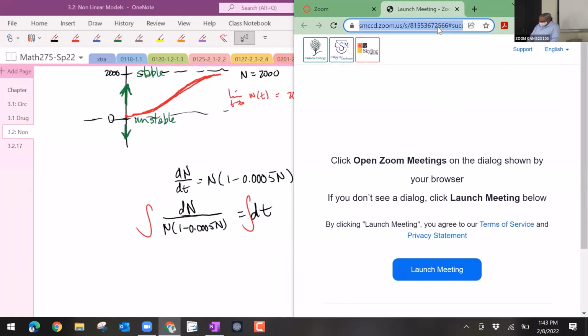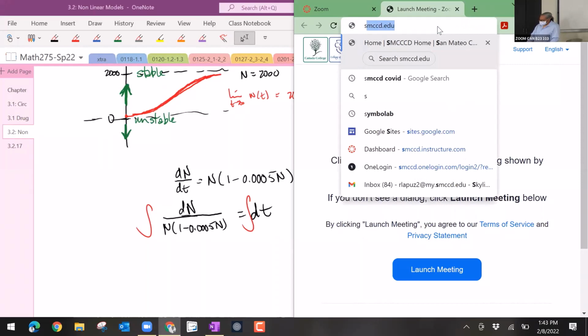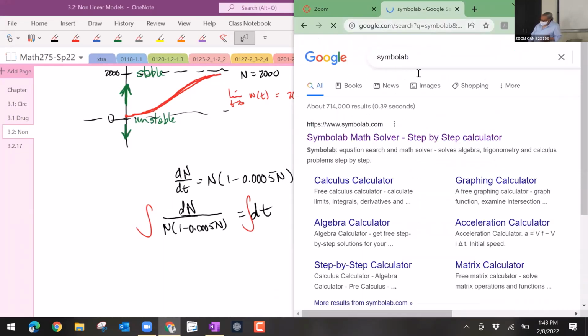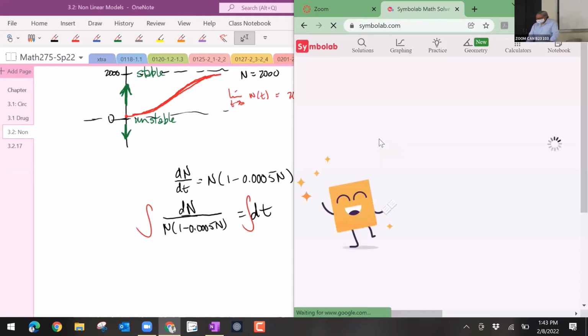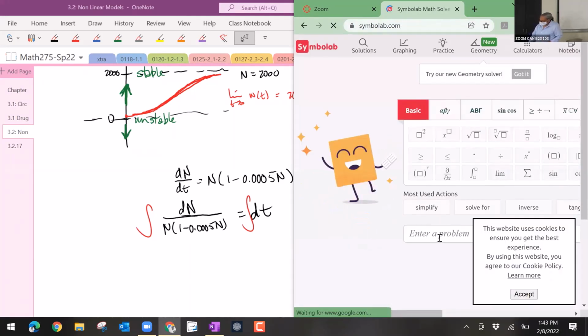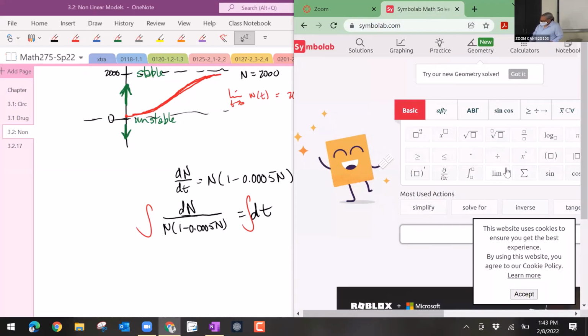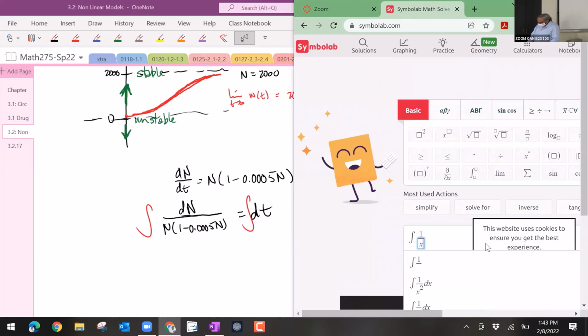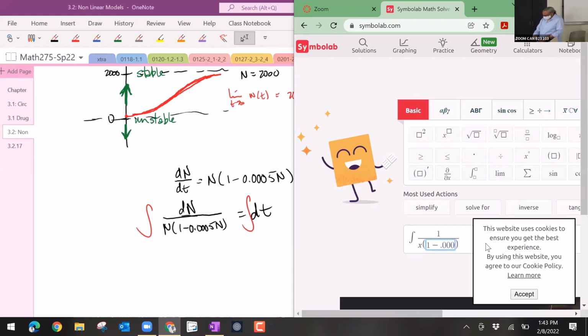Whether you use Wolfram or Symbolab, after you've run whatever it is that you're solving for, when you use x or whatever, 1 minus 0.0005 times x, and we'll just say dx.